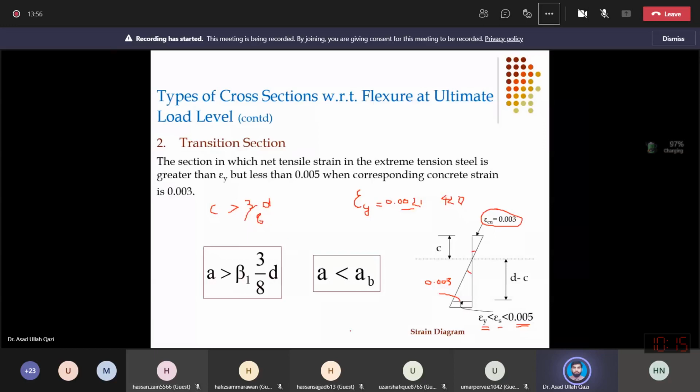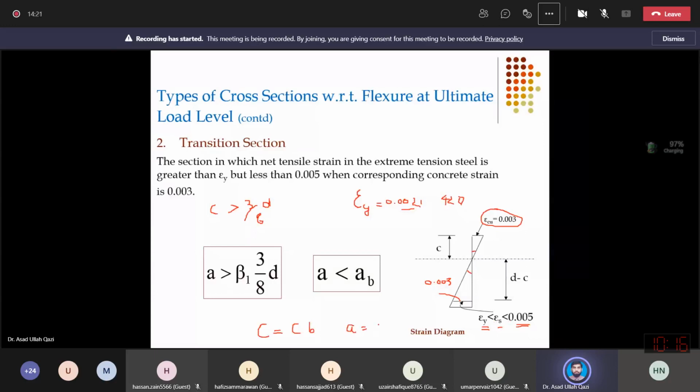But you will agree that since epsilon s, although less than 0.005, is greater than epsilon y, when it is equal to epsilon y, C becomes C equal to CB and A becomes A equal to AB.